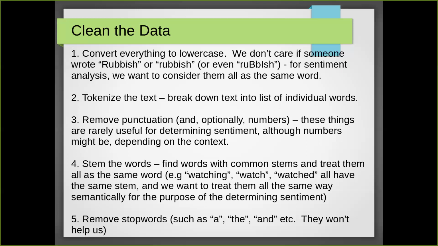We also want to do something called stemming the words. Let's imagine that we got 3 different reviews, and somebody said in one review watching, in another watch, in another watched. Well, they all have the same semantic meaning. They're all talking about the verb watch. It's just different tenses of that verb.